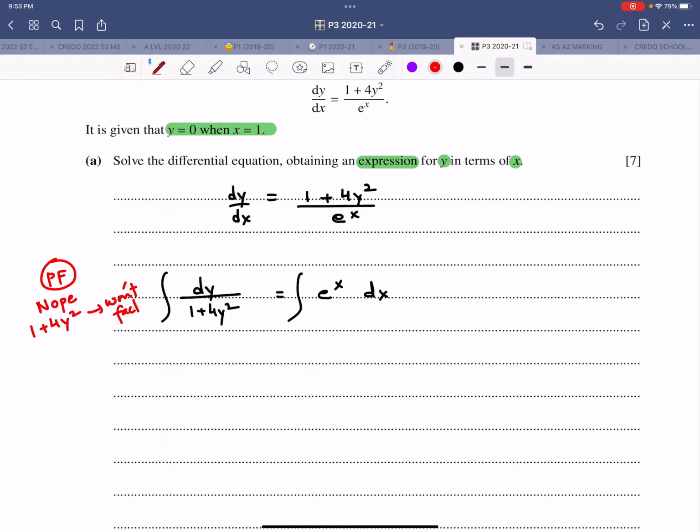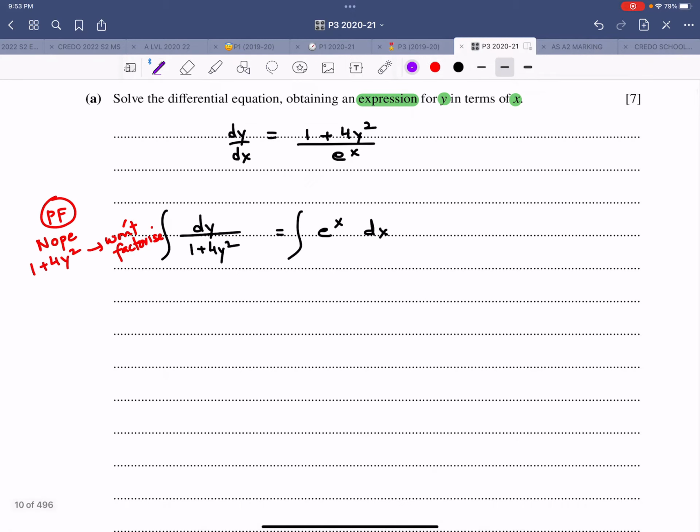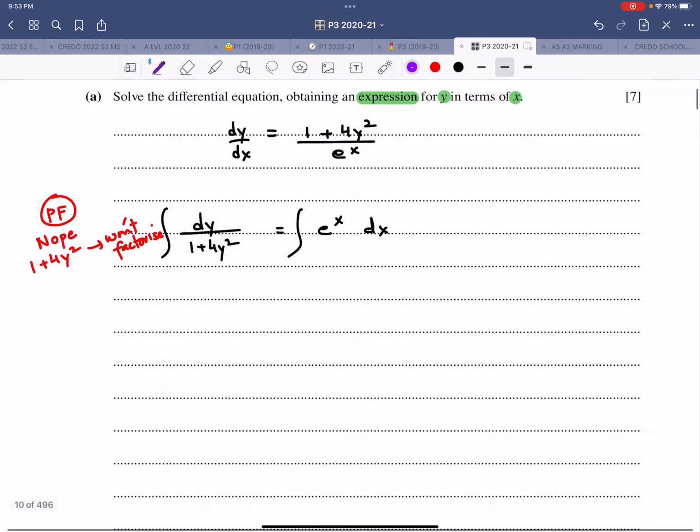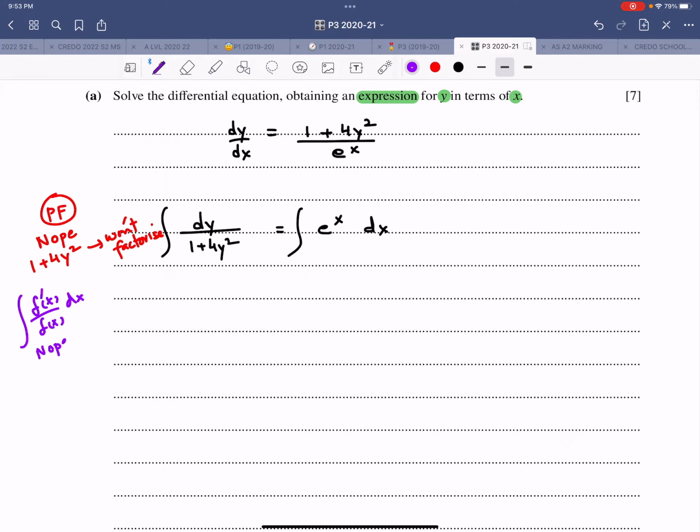Second scenario, is it a question related with f prime x over f x dx? The answer is again nope, because the derivative is not there. That means this is a question of something to do with that tan inverse integration.